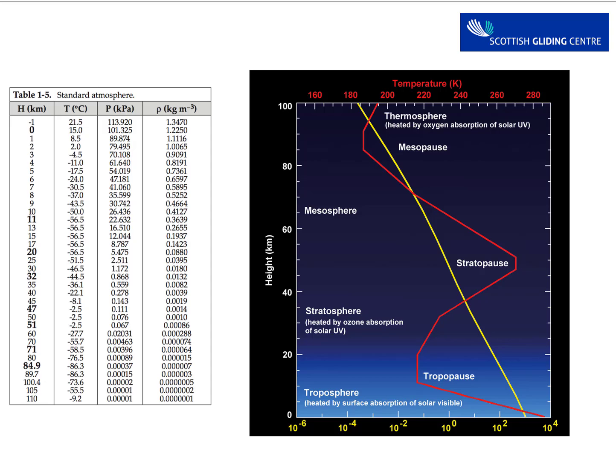So if you ever wonder why you're on tow behind the Eurofox, which has a naturally aspirated engine, and it seems to take forever to get up to 4,000 or 5,000 feet, well, if we look here, we can see that our density, and therefore the amount of air that's getting into the cylinder head as we combust the fuel air mixture, has dropped by 10% by the time we get up to 3,000 feet, and will have dropped by about 20% when we get up to 6,000 feet, and therefore the power that we're getting out of the engine will have also dropped by about 10% at 3,000 feet and 20% at 6,000 feet.